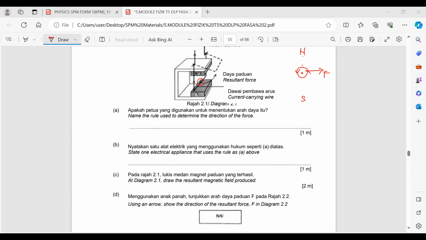So if I already know my force is acting to the right, then I can draw accordingly for the catapult field.